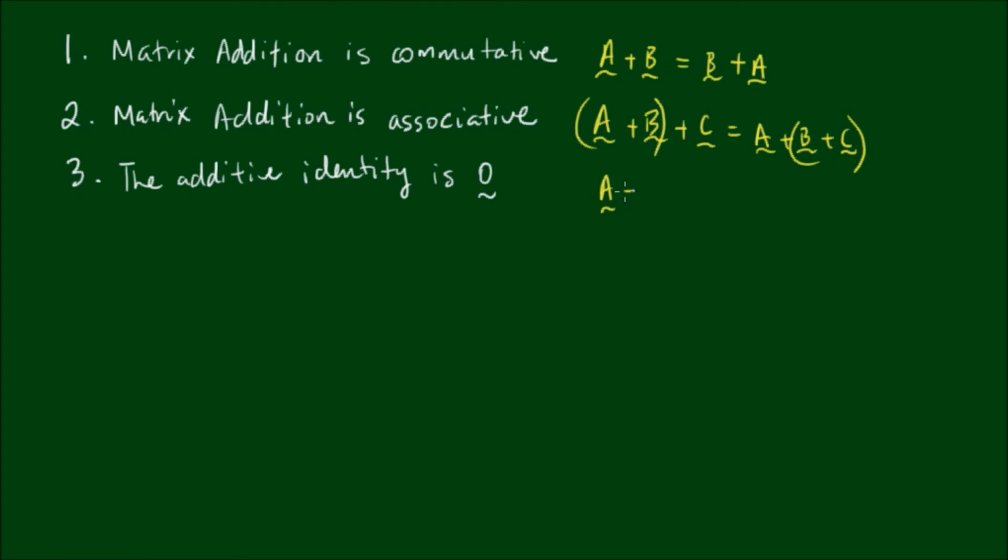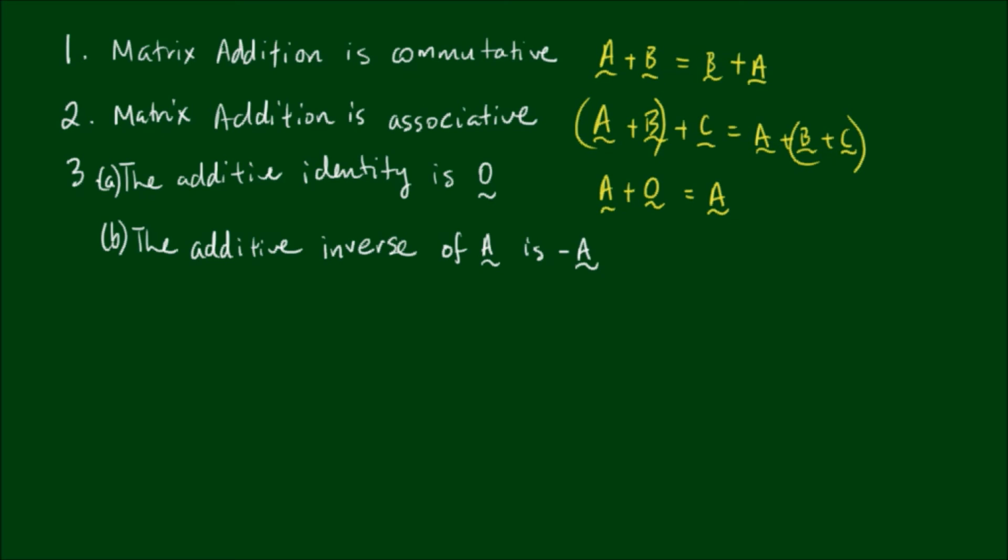So matrix A plus the 0 matrix of exactly the same dimensions as A gives the matrix A. So that's law number 3 part A. Law number 3 part B, the additive inverse of the matrix A is negative 1 times the matrix A. So if I add matrix A and the negative of matrix A, so scalar multiplication of negative 1, this will give me the 0 matrix of exactly the same dimension as matrix A.